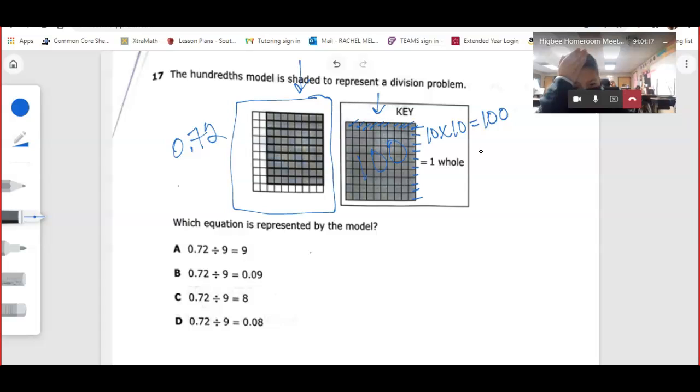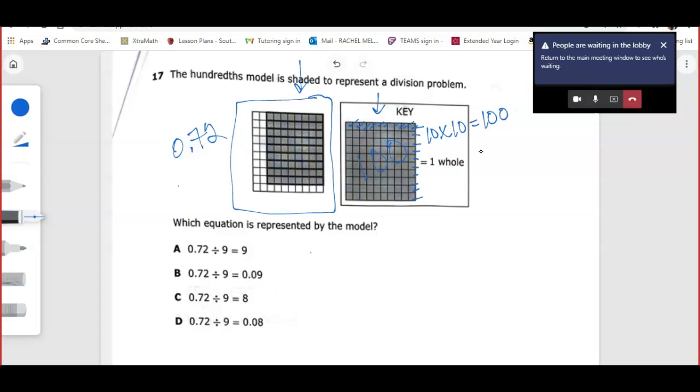Everybody with me on that part? Now, look at what's happening in the picture. They're dividing that. What are they dividing it by? 9.